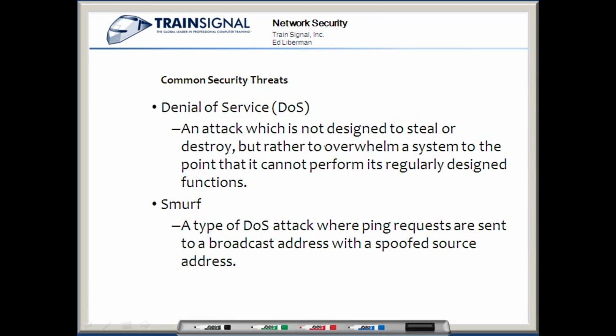Now, a denial of service is an attack which is not designed to specifically steal or destroy any of your systems or your network, but rather to overwhelm a system to the point that it cannot perform its regularly designed functions. It's basically a form of attack which is designed to just take a system down. So you see these types of attacks on certain systems like, let's say, web servers.